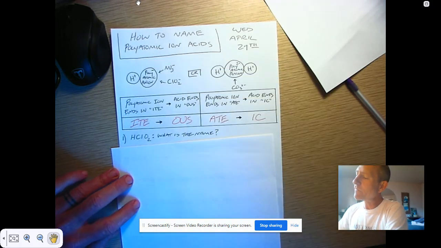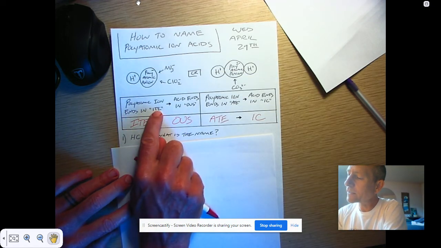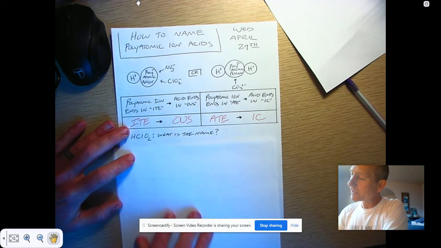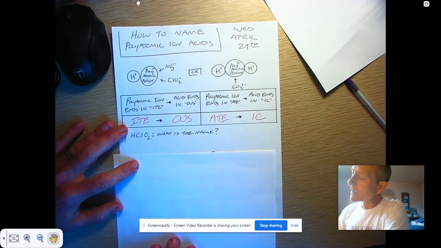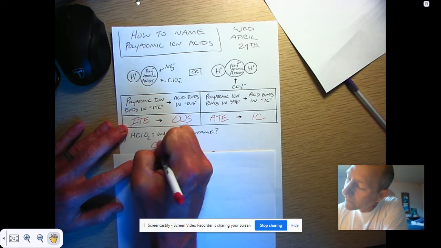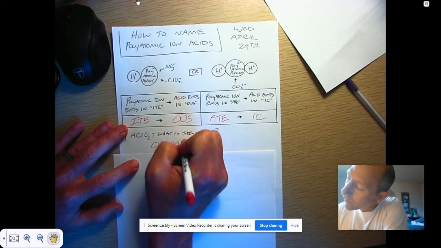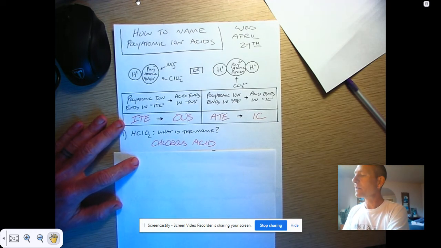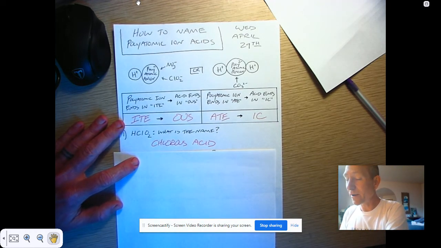So if the name of the ion ends in ite, like chlorite, then the name of the acid is going to end in ous. So the name of this acid is going to be chlorous acid. No hydro. We're not going to put hydro like we did with the halides.